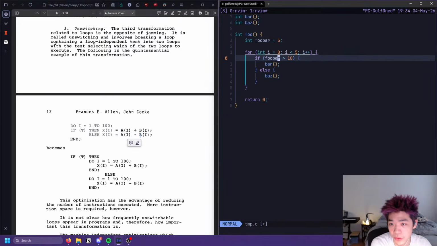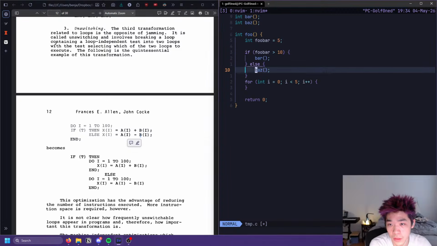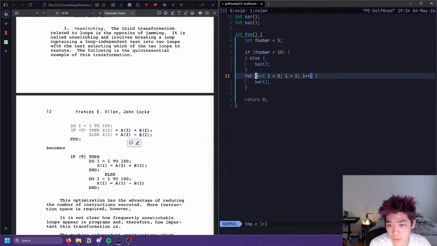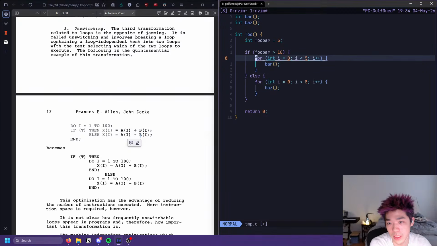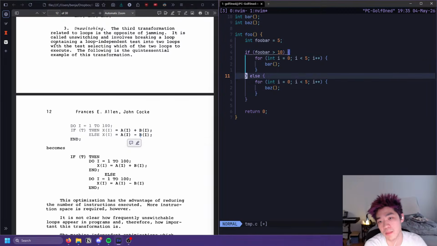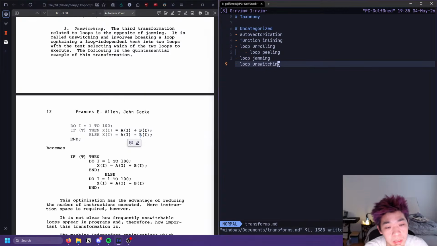So what unswitching would do is pull this if else out, and then it would duplicate this loop for the logic. So let's just pull this out like that, and then let's move this into here, and then this goes up here, and then we can do the same here, but instead of bar we put baz in. So this is what's happening here. And that's nice because then you do the if check only once, and that's faster, presumably. So that makes sense. That's pretty cool.